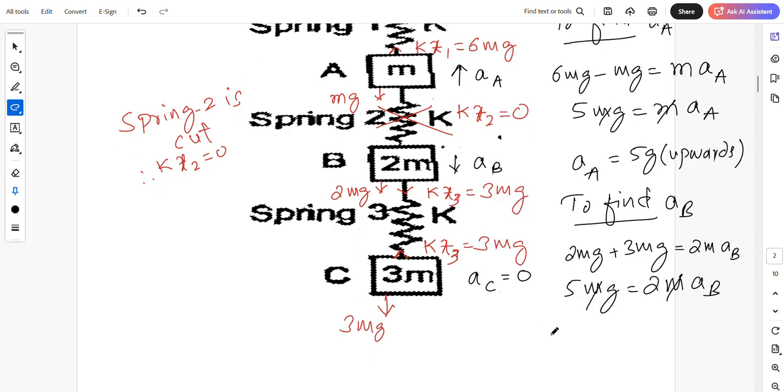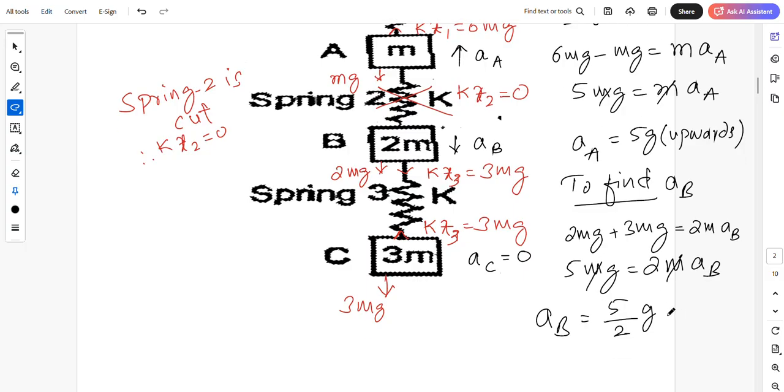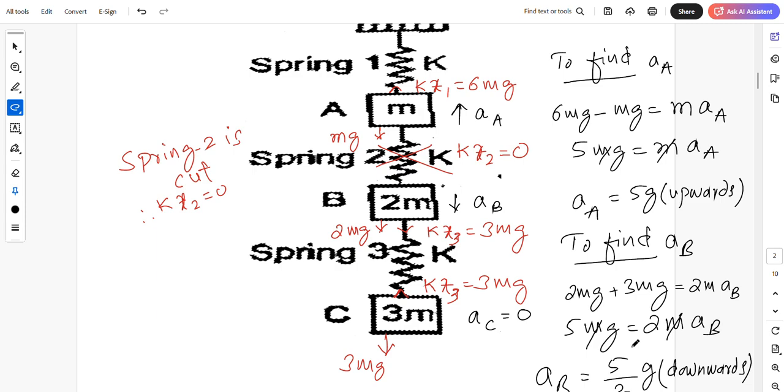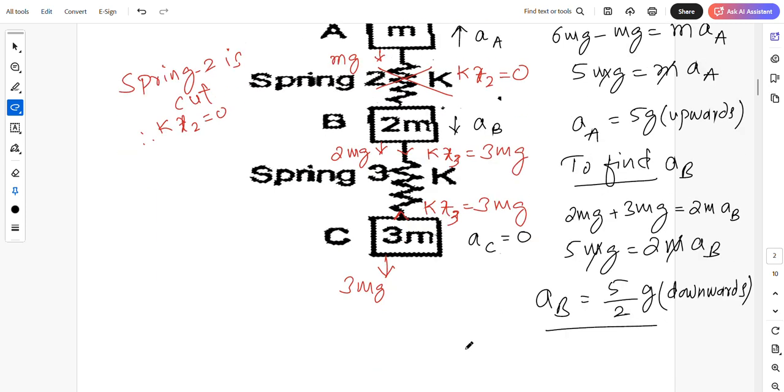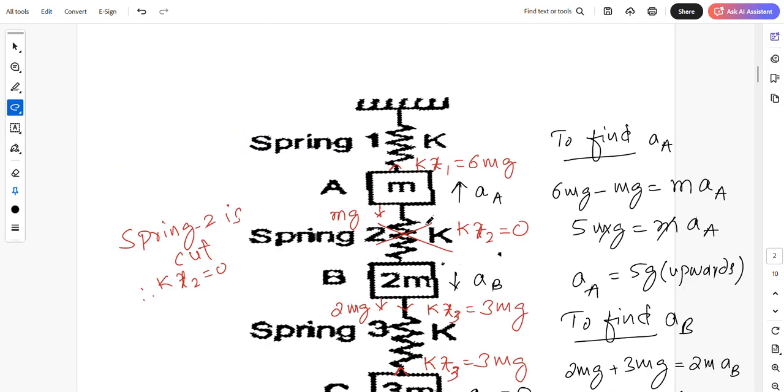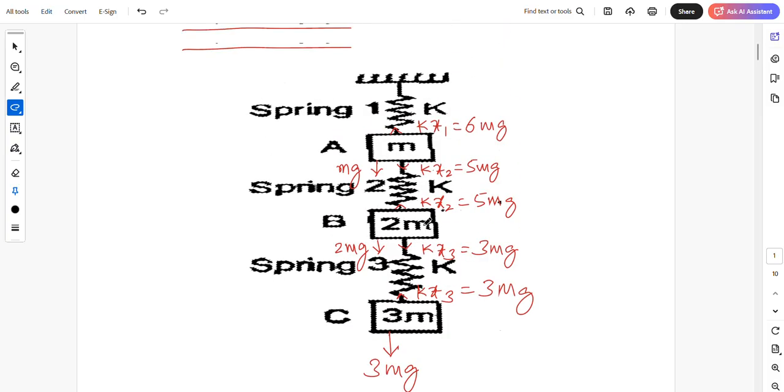AB, acceleration of the block P, is equal to 5 by 2 g, that is downwards. Hope you have understood this one. We have calculated, and AC is 0. Acceleration of the block C is 0 because the forces are balanced here.